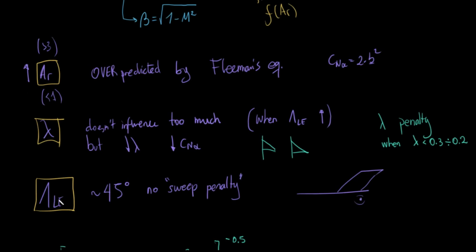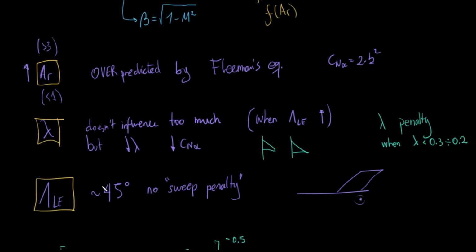And well, the sweep angle, the higher sweep you have, it's pretty smooth. It's not as big as the taper penalty when it goes really low, but you do get a penalty.